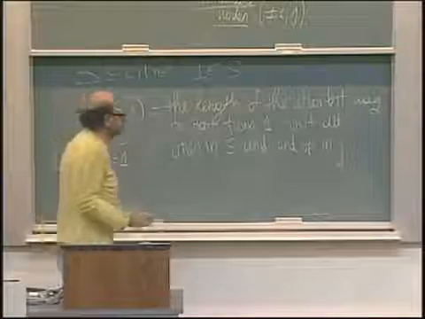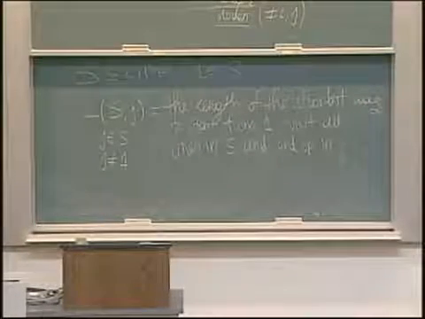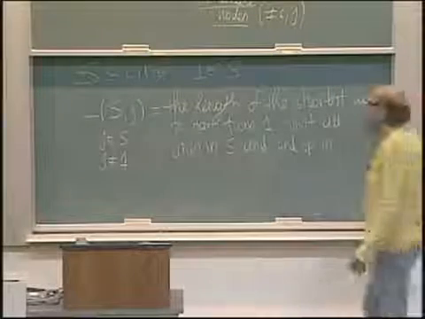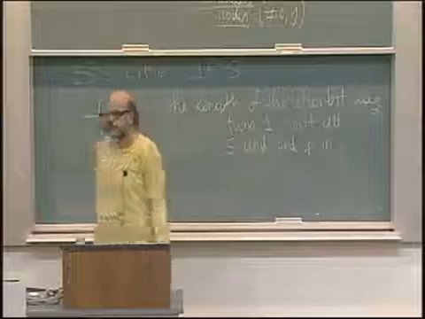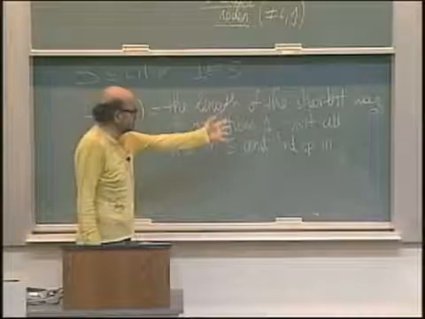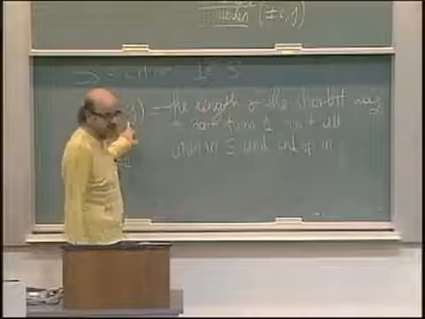That's the trick. Just define L sub S,j to be the length of the shortest way to start from city 1, visit all cities in S, and end up in city j.